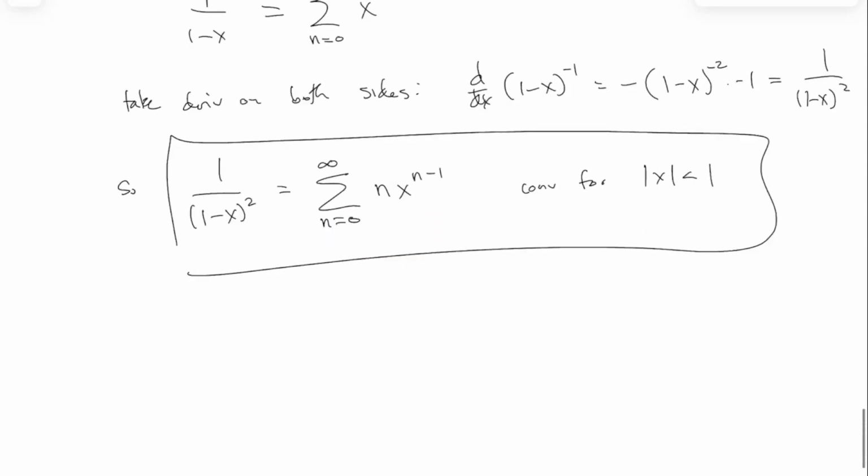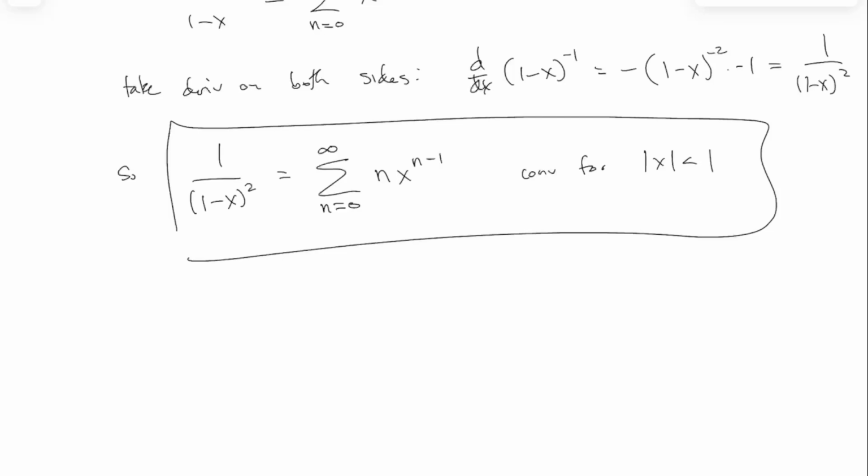If I were to write these out in terms, the n equals 0 term is 0. The n equals 1 term says 1 times x to the 0, and then 2x to the 1, 3x to the 2, 4x to the 3, etc. That's what this series looks like if you want to see the terms one by one.